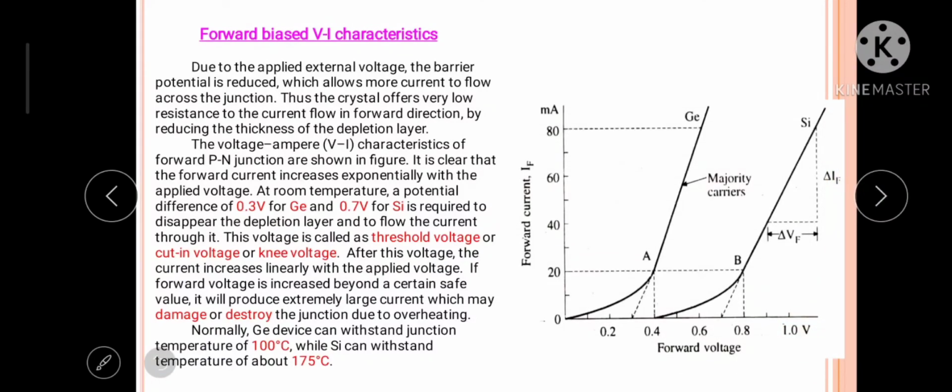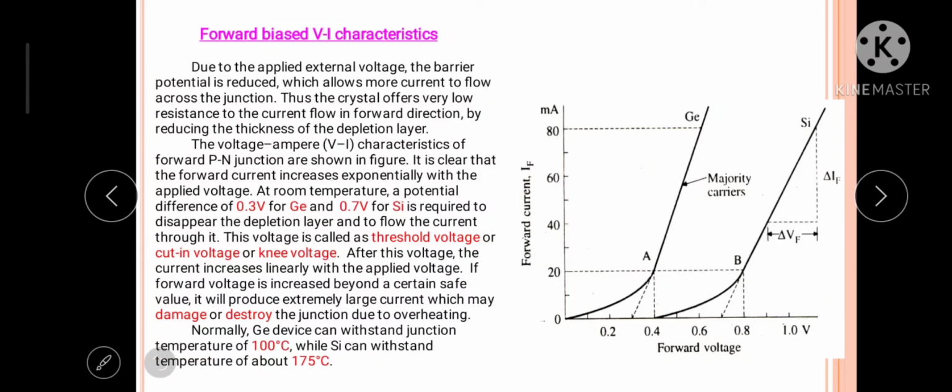Due to the applied external voltage, the barrier potential is reduced, which allows more current to flow across the junction. Thus, the crystal offers very low resistance to the current flow in forward direction by reducing the thickness of the depletion layer. Voltage ampere characteristics of this forward bias PN junction are shown in this figure.